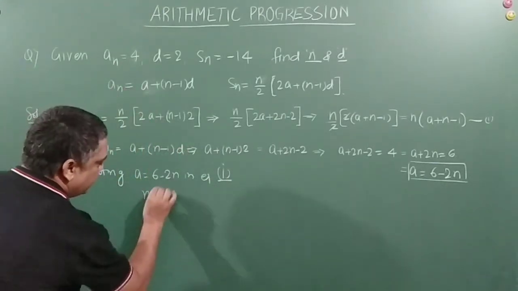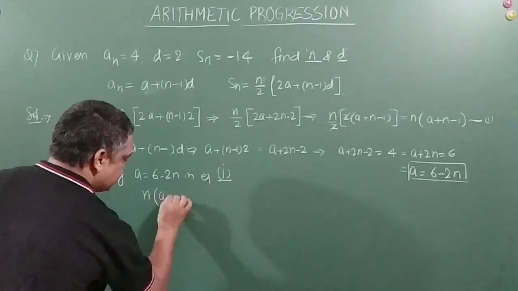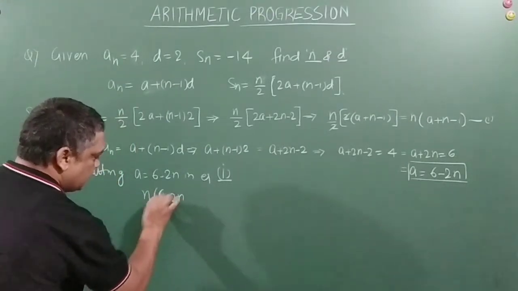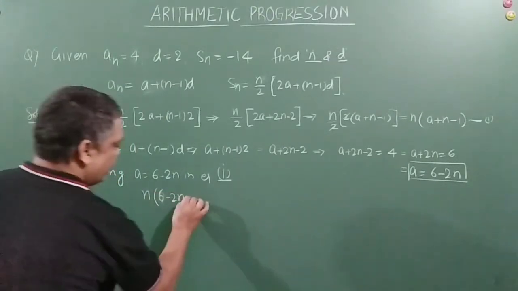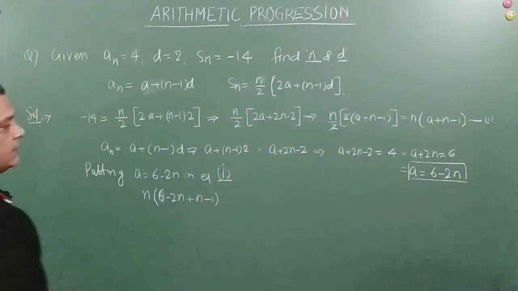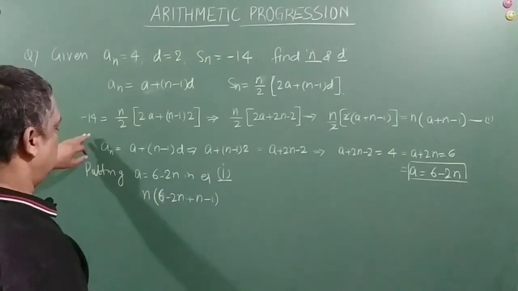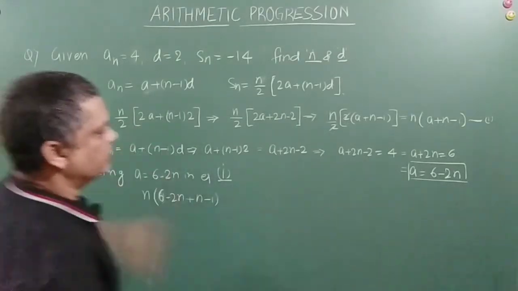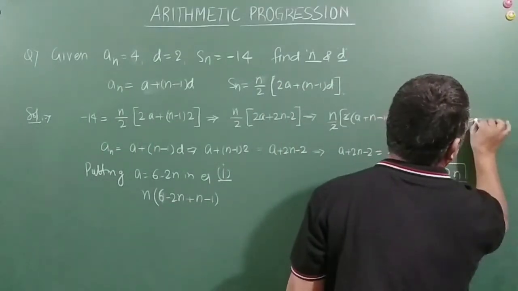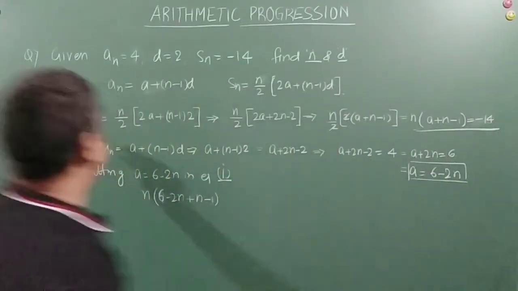So what does it give? n(a + n - 1), where a is nothing but 6 - 2n, so n(6 - 2n + n - 1), and this is equal to -14.